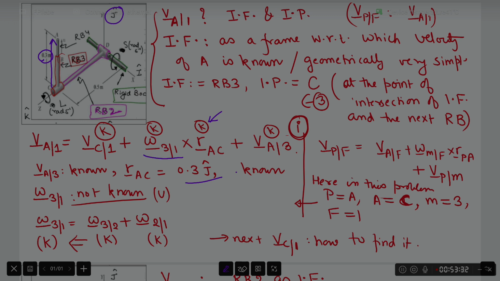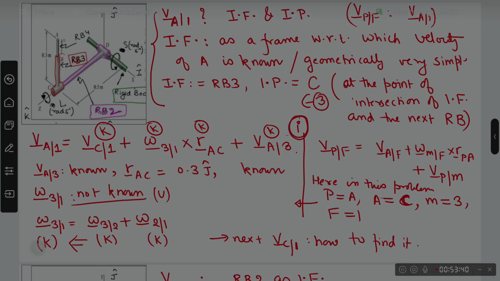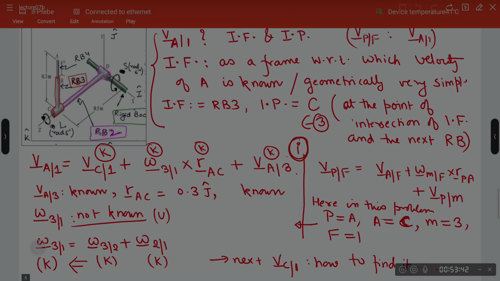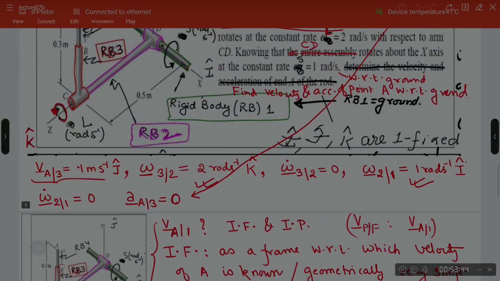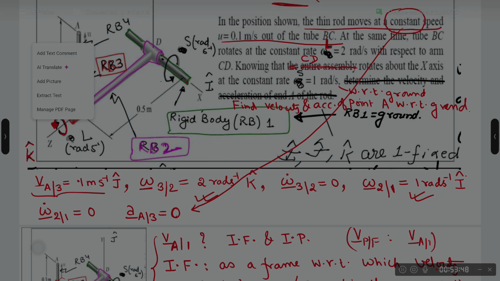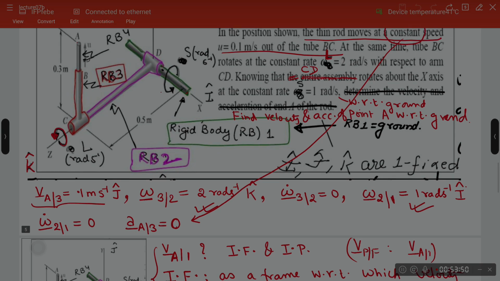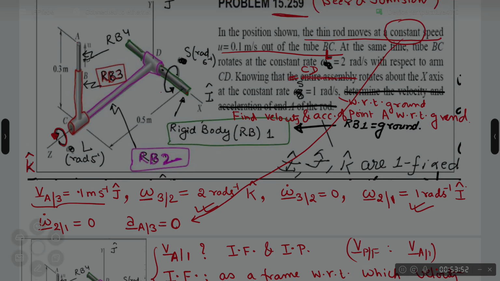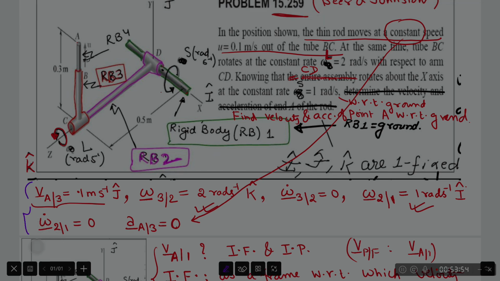Now omega 3 1 is currently unknown. It's not known. Again, if you go back to the previous slide and you see this list of items that we identified, based on the problem statement here, I do not have omega 3 1.